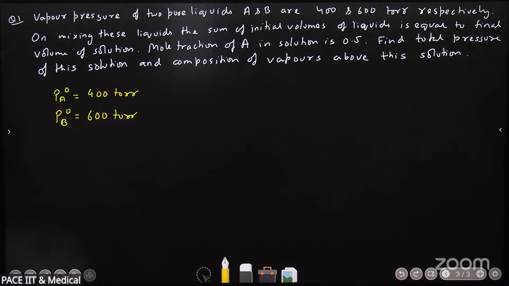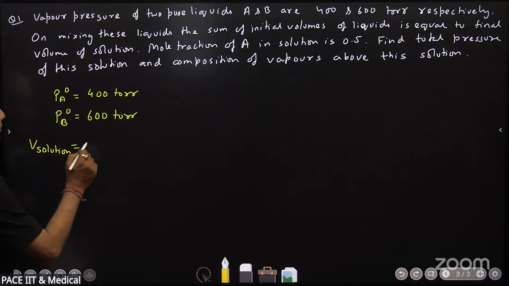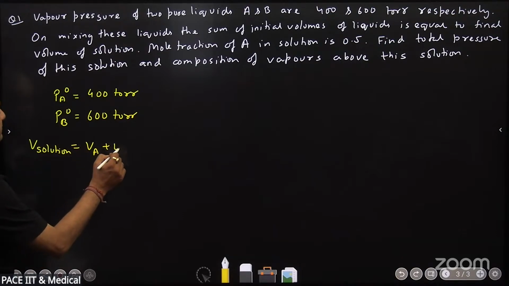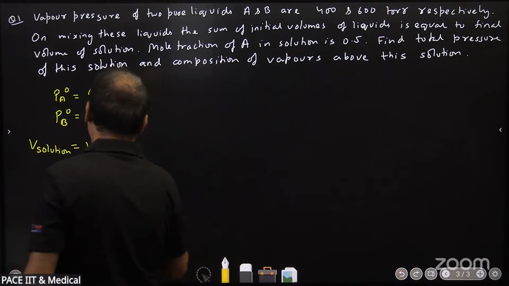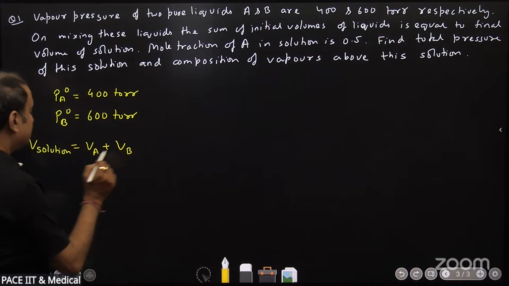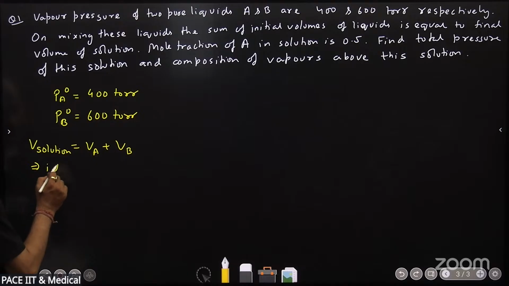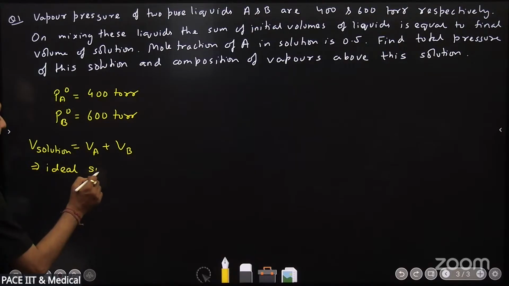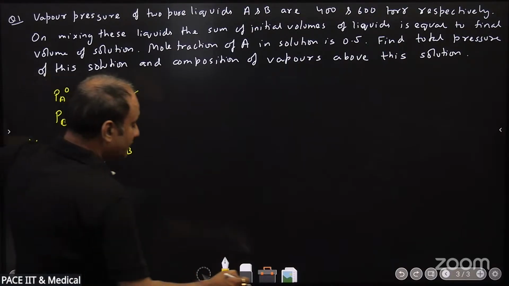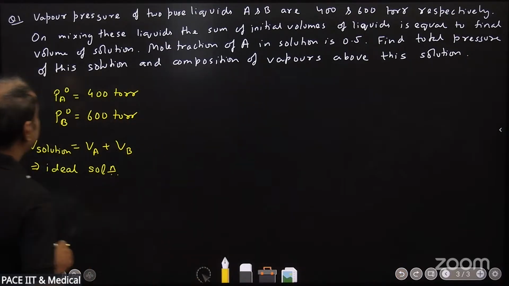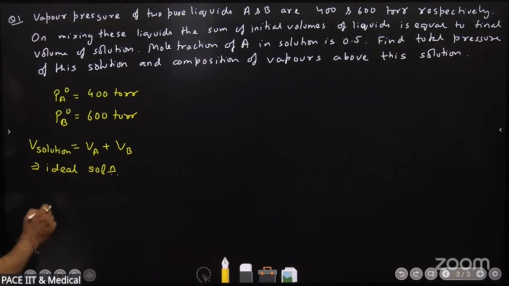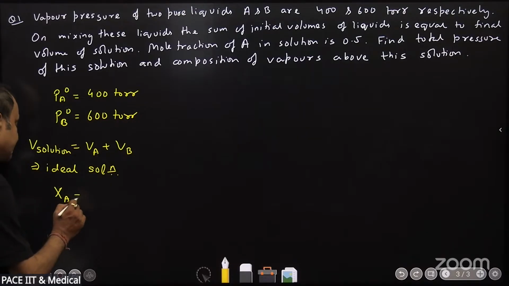We are given volume of solution is equal to VA plus VB. So that implies this is an ideal solution because delta V is 0. Okay. And next thing we are given XA as 0.5.